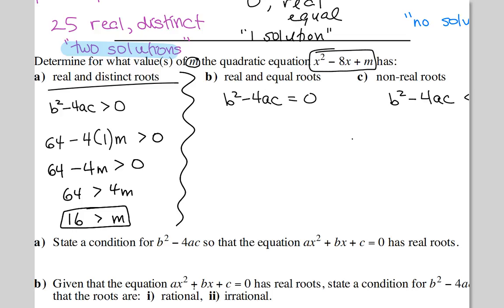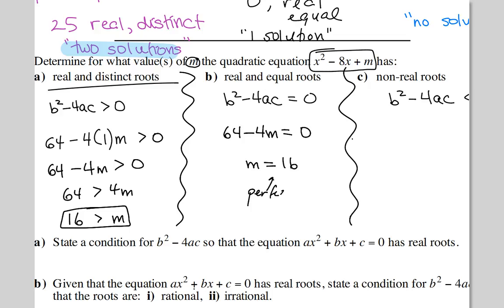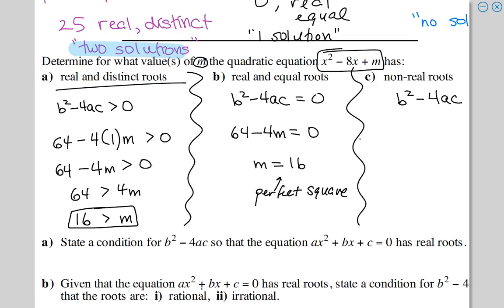Now, it's going to be the exact same work, but just equals. So 64 minus 4m equals 0, so m equals 16. So when m is 16, then you'll have one root. And you'll notice that this would make it a perfect square. So the factoring for x squared minus 8x plus 16 would be x minus 4 all squared.